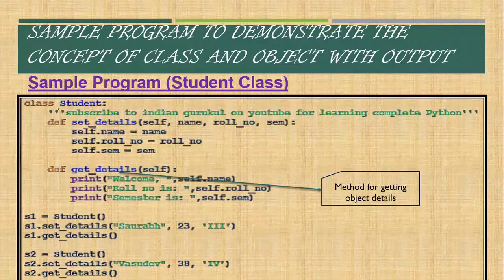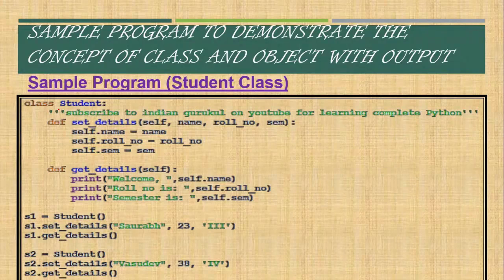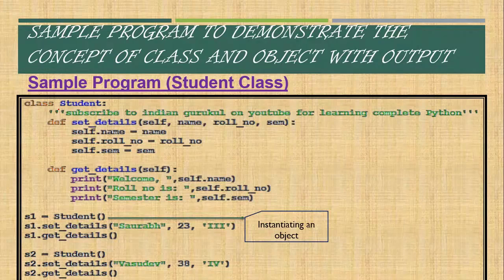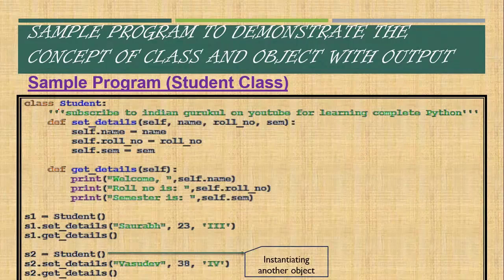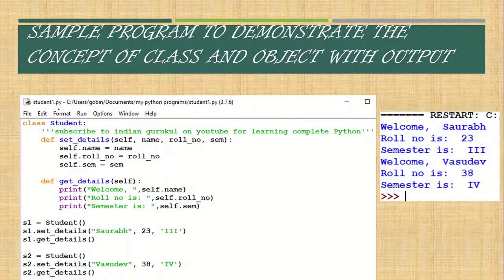If you want to understand this self, then self is analogous to this which we use in C++ or Java, and it points to the current object. So over here the first object is instantiated, then another object s2 is instantiated, writing s2 equal to Student, and this is the complete code which we have executed.